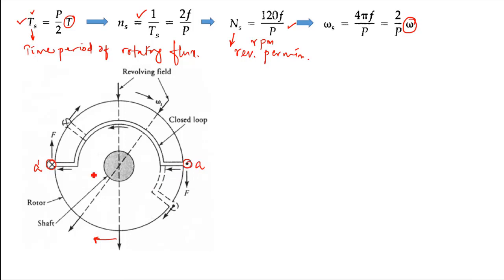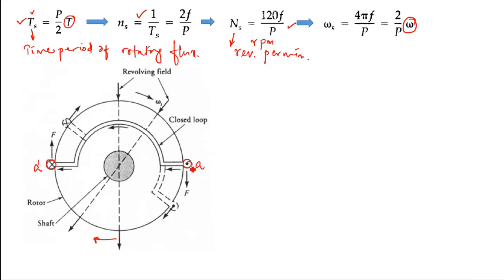Now, as this coil is put inside the revolving field and the field is rotating, this coil will experience a change in flux. When this coil will experience a change in flux linkage, then obviously there will be an induced EMF in the coil sides, right?